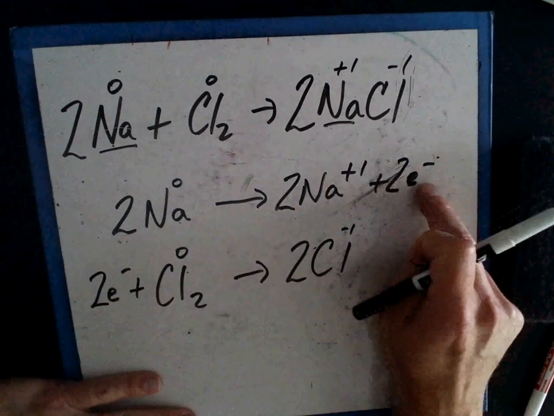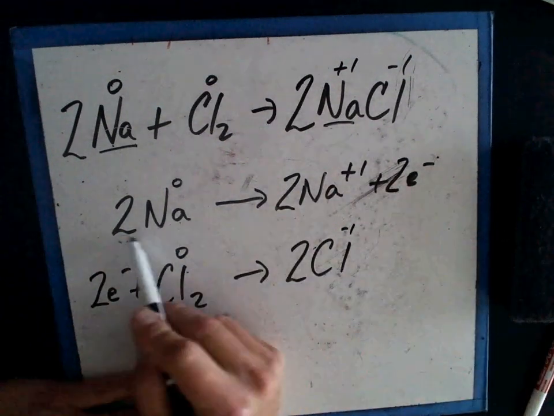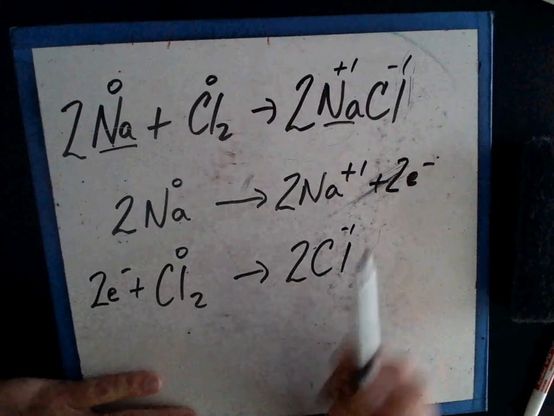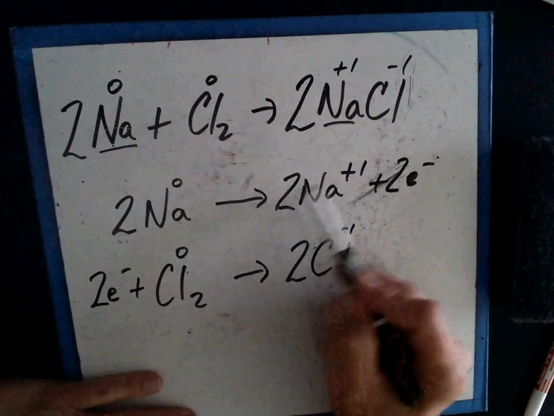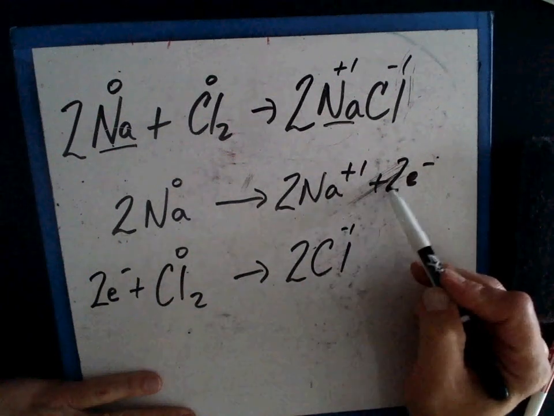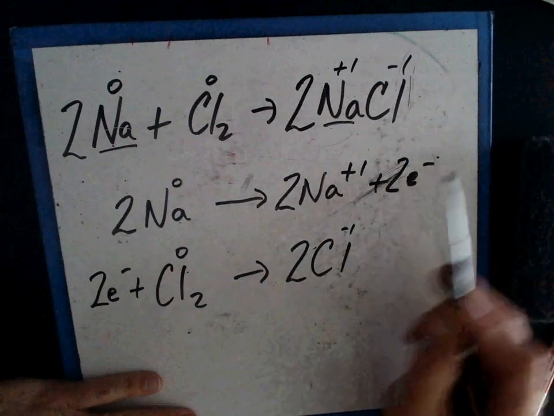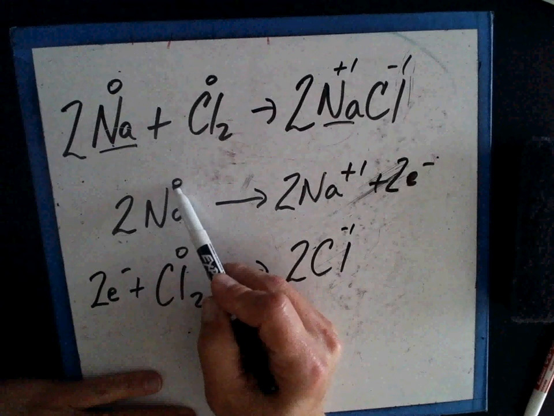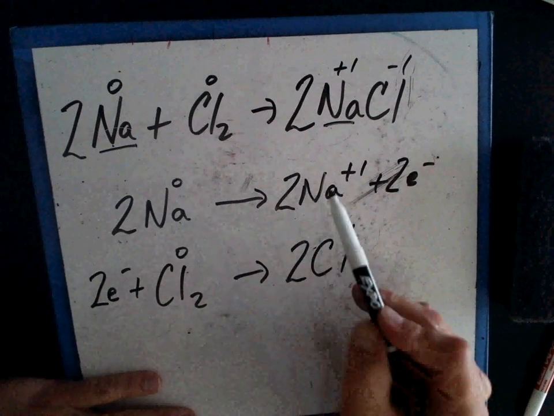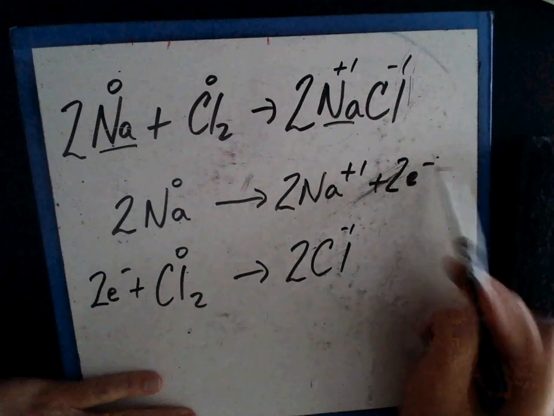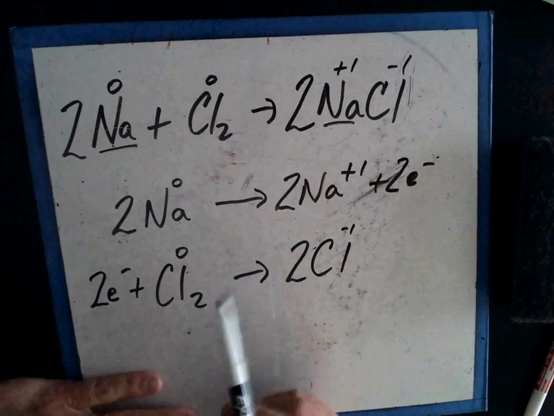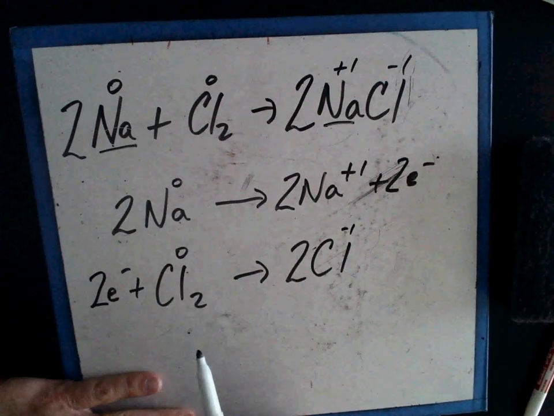And so you can see that that is balanced. How do I know? Watch this. 2 sodiums, 2 sodiums. Now check my overall charge. +2, -2 equals 2 times 0 is 0. One more time. +2 plus -2 equals 0.